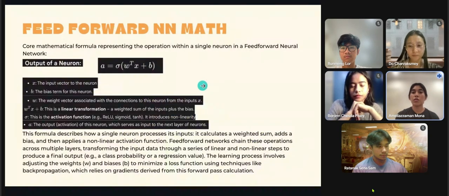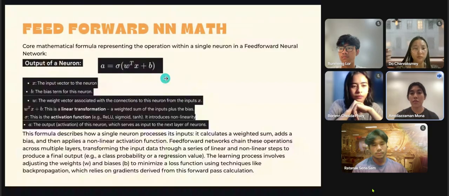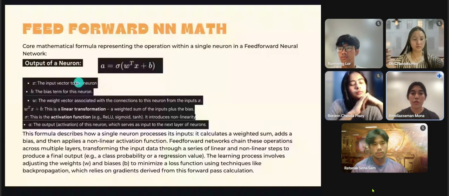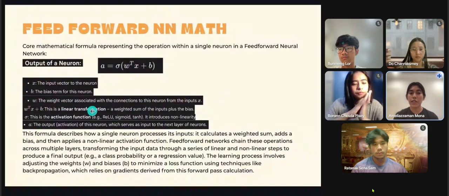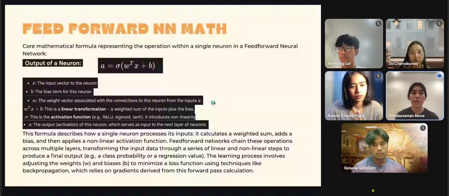Lastly is the feed-forward neural network math. Its core formula represents the operation within a single neuron in a feed-forward neural network. This is the equation of the output of a neuron. X is the input vector to the neuron. b is the bias term for that neuron. W is the weight vector associated with the connections to this neuron from the input x.